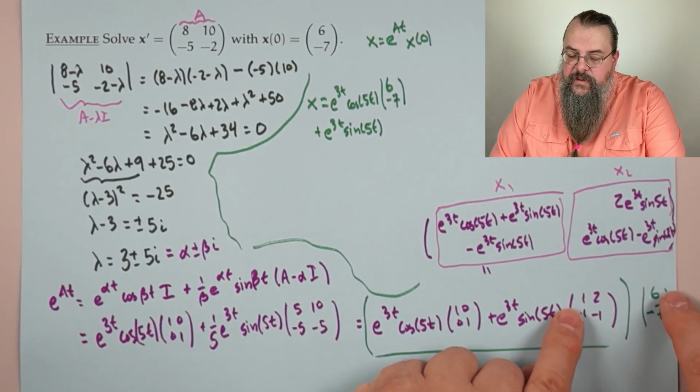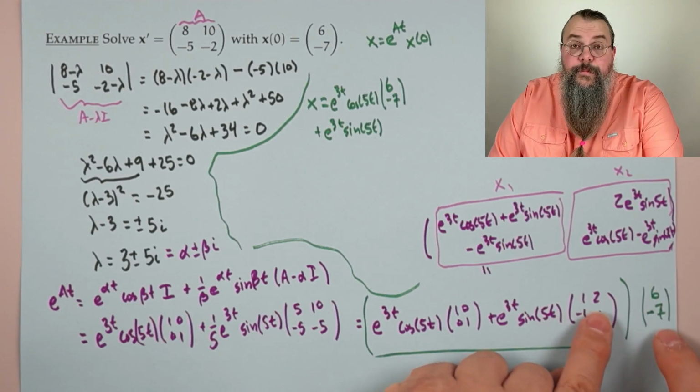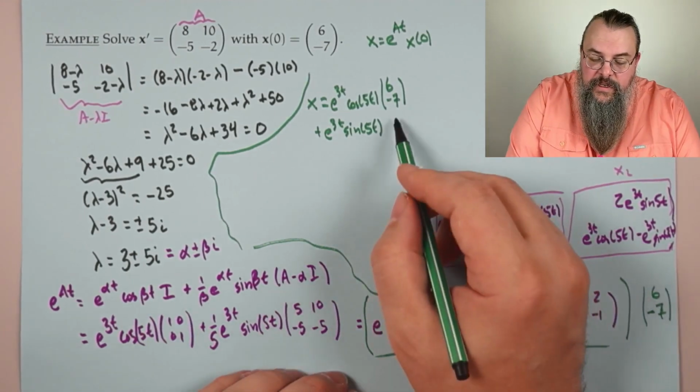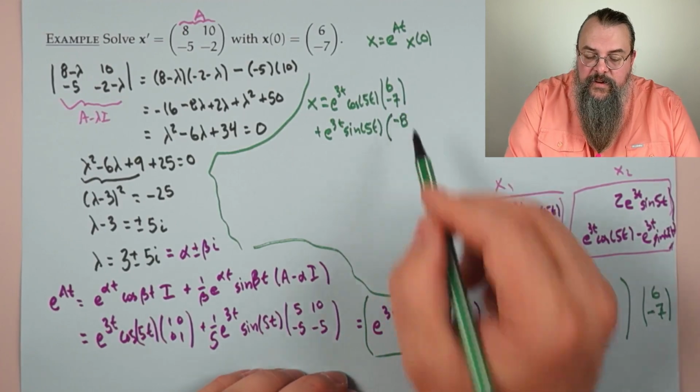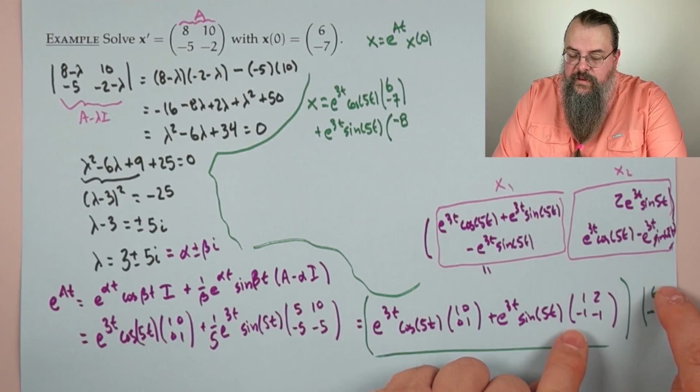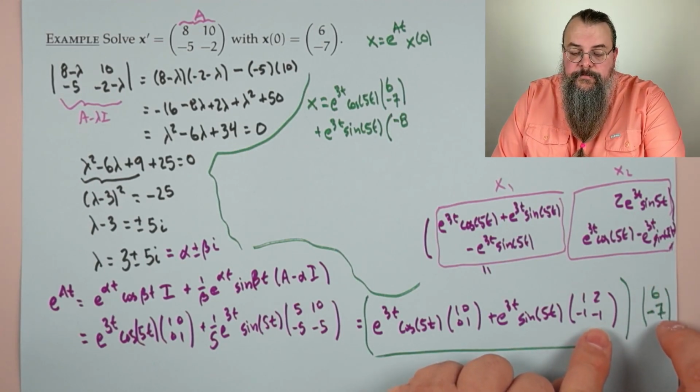So we're going to get 6 minus 14. 6 subtract 14 is negative 8. And then we'll have minus 6 plus 7.